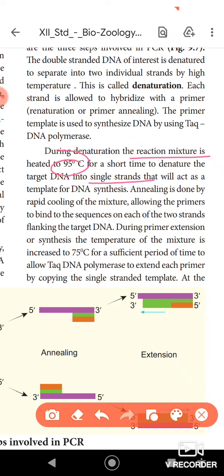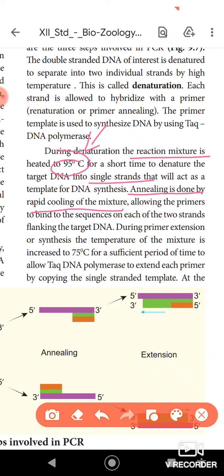Okay. So after the denaturation, the next process is called the annealing. In the annealing, the primer is added. இங்க பாருங்க, in the annealing process, they are rapidly cooling the mixture. In the denaturation, they are heating the sample up to 95 degrees Celsius to separate the double stranded DNA into single stranded DNA.